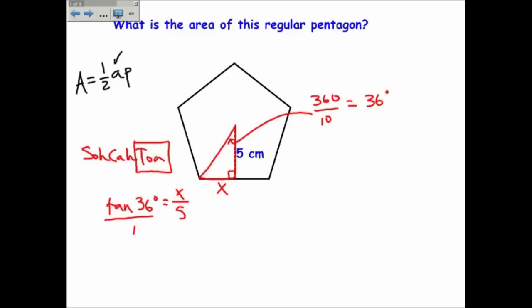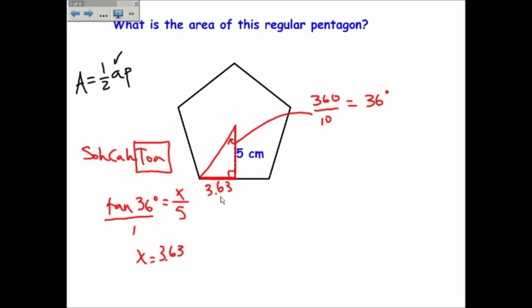So the tangent of 36 degrees is equal to the opposite, x, over the adjacent, 5. Put this over 1, I cross multiply, x times 1 is x, and the tangent of 36 times 5 is 3.63. Now to find the perimeter using this length, let's fill that in there so we can see it, 3.63.